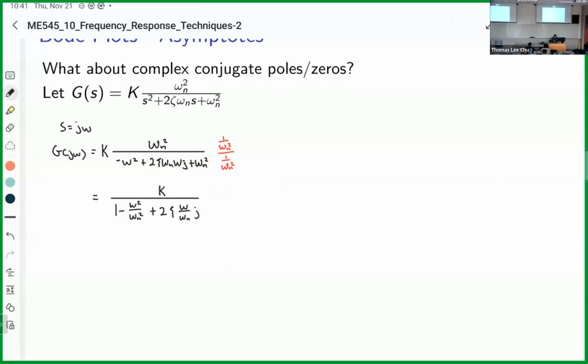Now that we have this form, we can take the magnitude of it relatively easily.